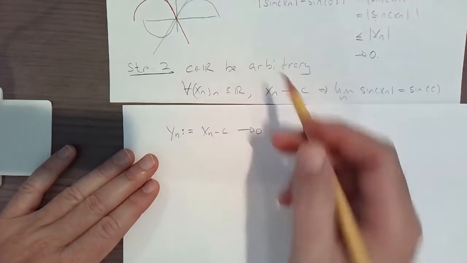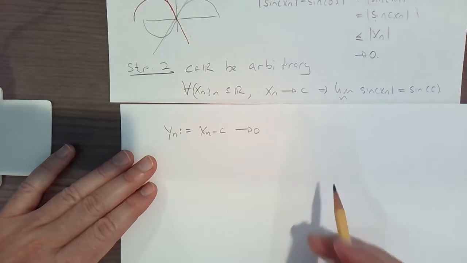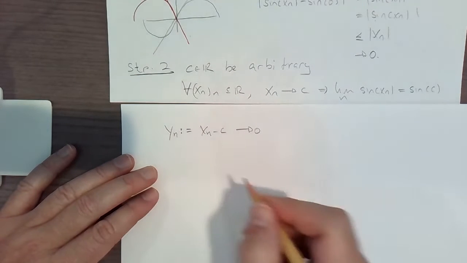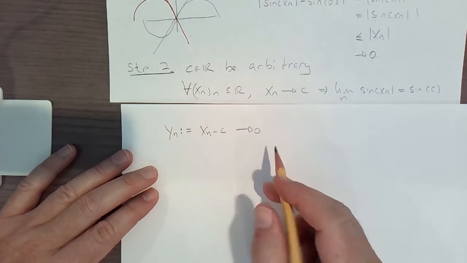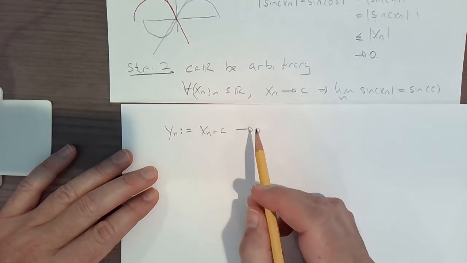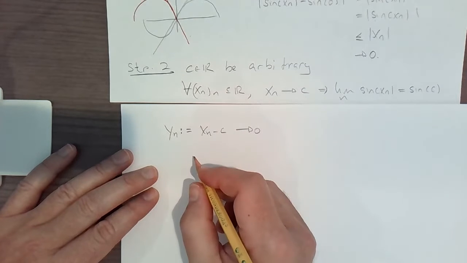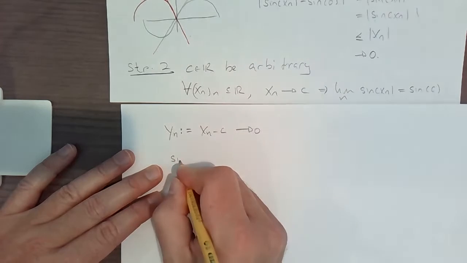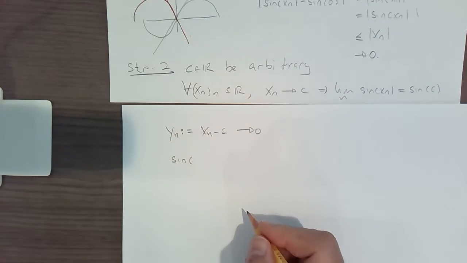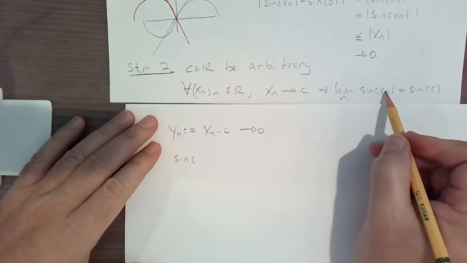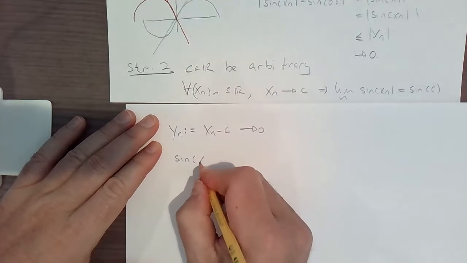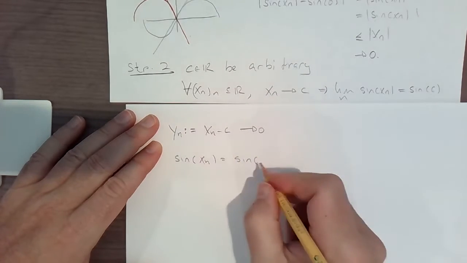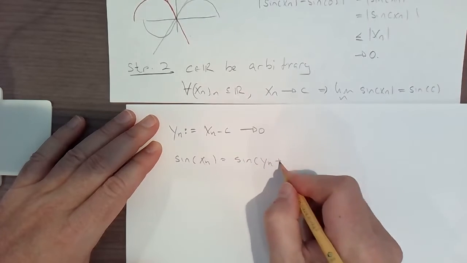And then I want to reuse what we just had. I want to use that there's this formula for sine and cosine. So if I write sine at a sum, so I have sine of xn here. Sine of xn would then be sine of yn plus c.